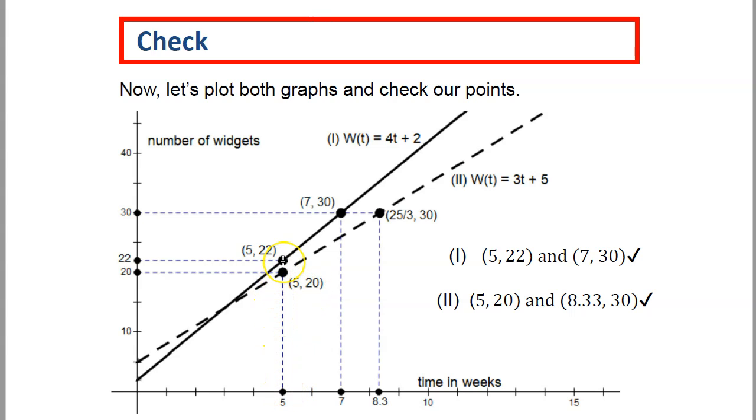And for the first equation, the solid line, we get (5, 22), so that checked. And similarly, you can see when we put 7 in on the first equation, we get 30 out. And in the second equation, when we put in 8.3, we get 30 again. So our points all check.